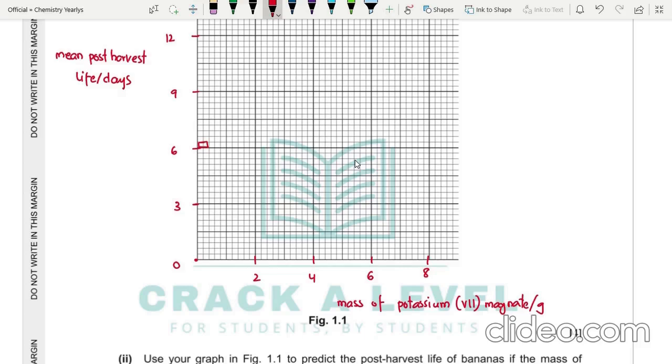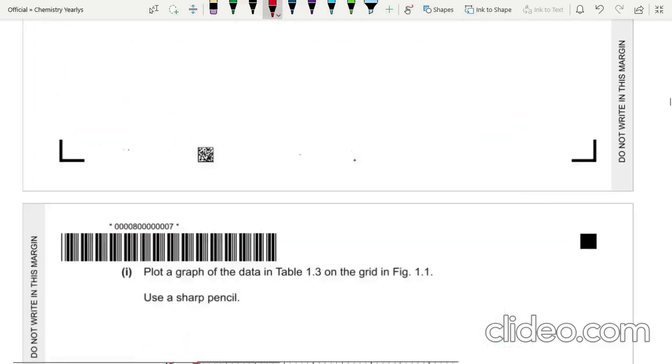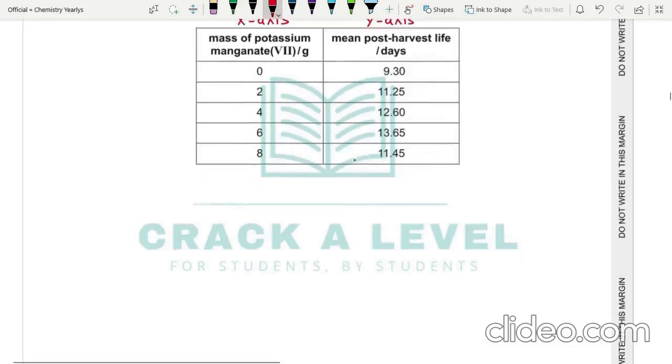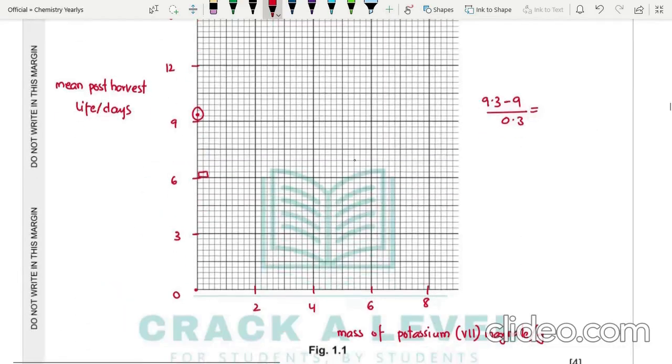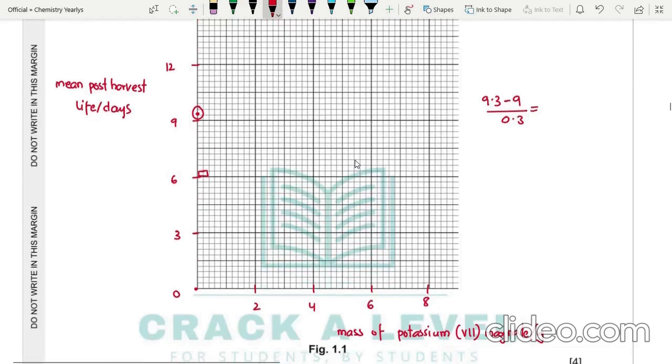I have already shown you the trick. To plot the reading, 9.3 minus 9 divided by 0.3 comes as 1 unit. So it would be about this point, 0 and 9.30. Let's draw a circle around it. Now what will be the next value? It would be 2 and 11.25. Let's do the same.